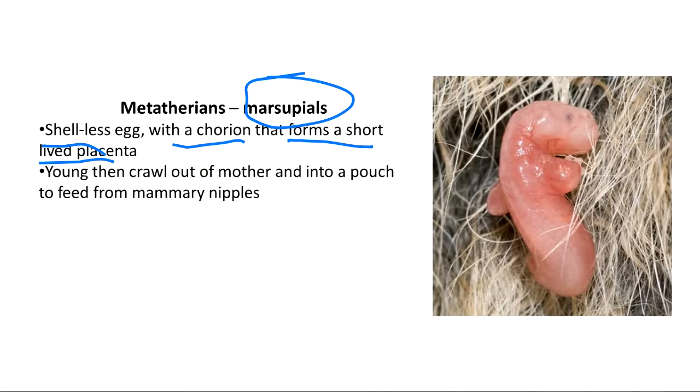The marsupials are famous for giving birth to underdeveloped young who crawl out of the mother and crawl into a pouch. These are the pouch mammals. And from there, they continue growing as they drink milk from the mammary nipples.